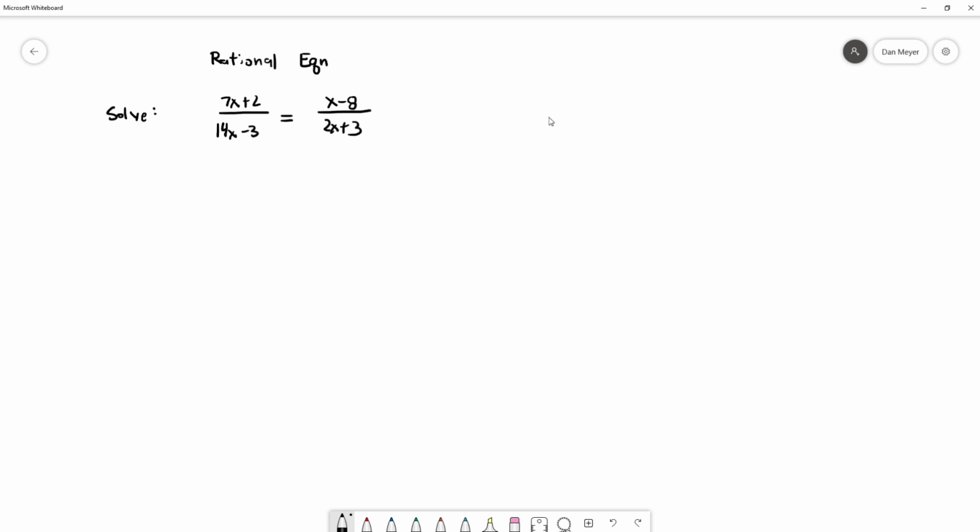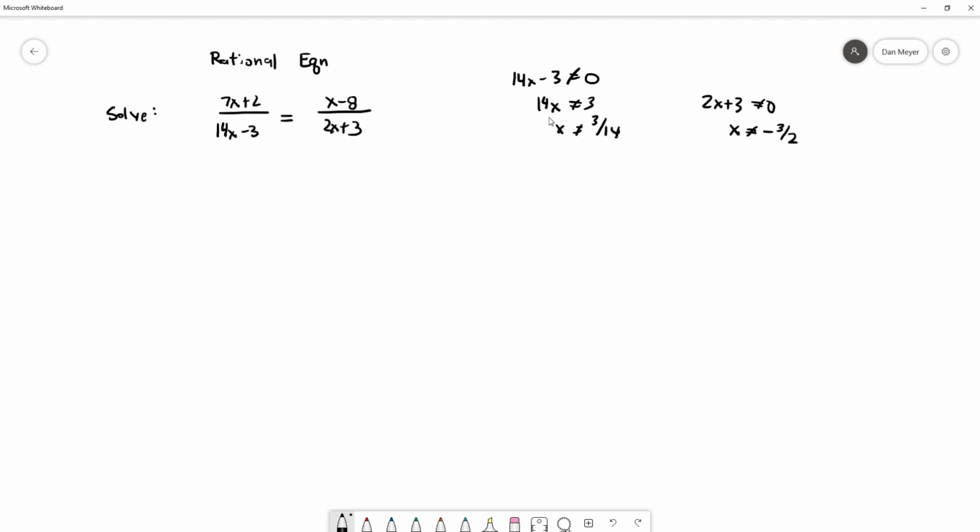Namely, I don't want 14x minus 3 to be equal to 0. So 14x is not the same as 3, so x is not 3/14. Similarly, we don't want 2x plus 3 to be 0, so we don't want x to be negative 3/2.